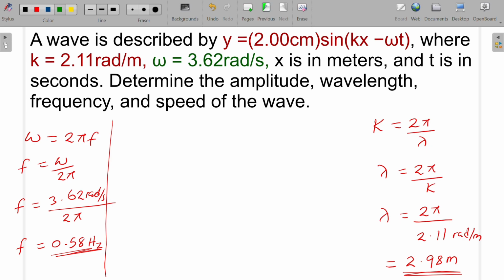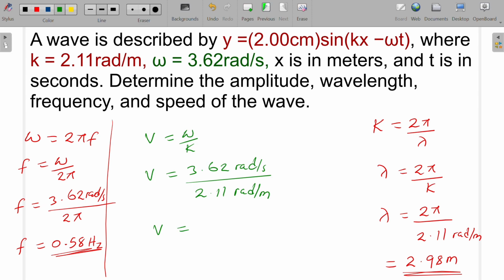Speed is equal to angular frequency divided by the wave number, where our v will be equal to angular frequency, given as 3.62 radians per second, divided by our wave number, given as 2.11 radians per meter.